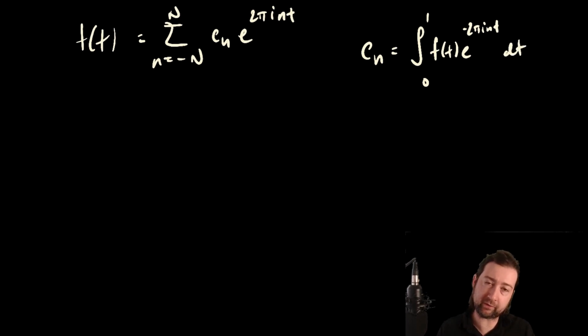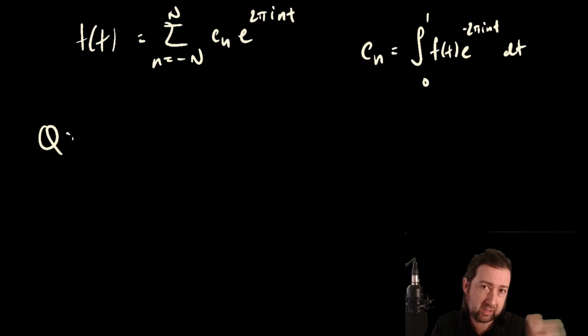That is, if f can be written in this way, then the Cn's can be determined uniquely using this integral formula. The bigger question is, can I extend this formula to infinity?